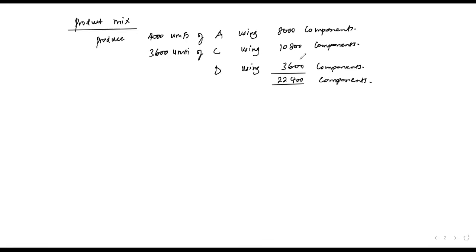So we are going to allocate them to product D. How many units can we produce for product D? Remember, each unit of product D takes 4 components.